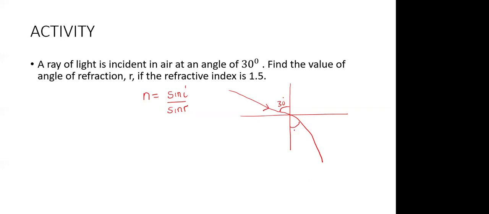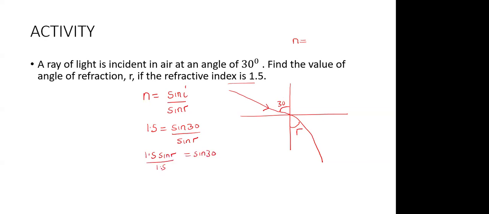We just substitute because we want to find this angle of refraction. So our n is the refractive index; whenever you find n in physics, it represents the refractive index. So I will say 1.5 is equal to sine i, which is sine 30, over sine r. Then cross multiply: 1.5 sine r is equal to sine 30.